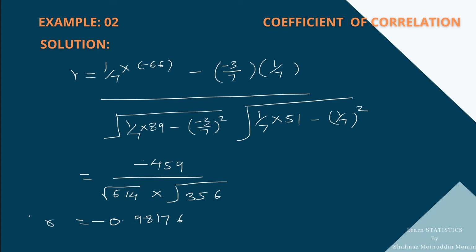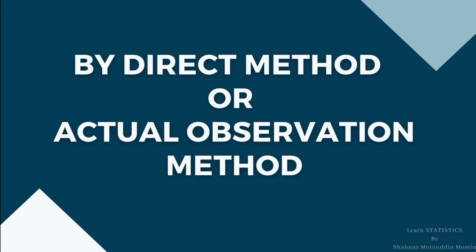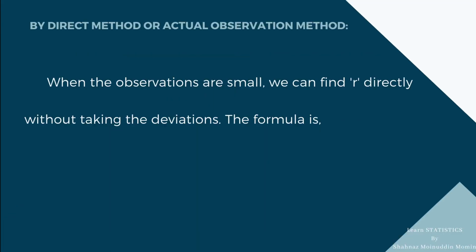This is the value of correlation coefficient between price and demand, and we observe that this value is negative, so there is a negative correlation between price and demand, and the value is minus 98, so it is a high degree of negative correlation between price and demand. Now we shall start with the next third method, direct method or actual observation method.